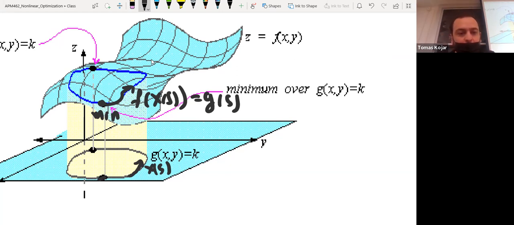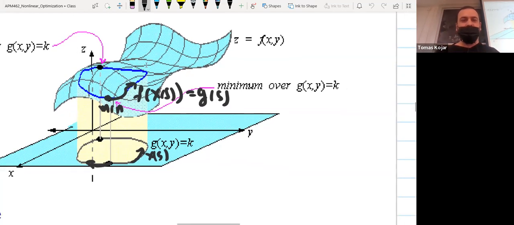Since it's the local min for f, it will be the local min if you go back with x. And that's basically what we're doing in this course. You give me some constraint, I parameterize it, I map it, and then I find the infimum as a composed function. Good. This is cool.